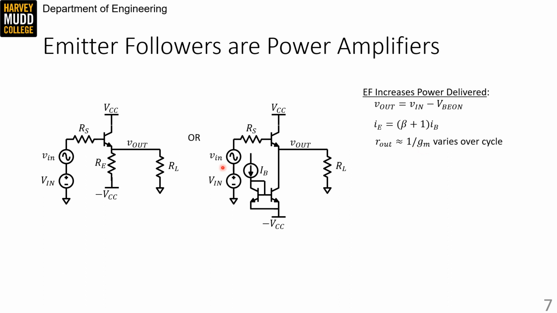But at Vin's trough, the current in our device will be smaller and gm will be smaller. So, our small signal parameters vary over a single operation cycle of this amplifier, but it's still kind of useful to estimate them sometimes at peak values.